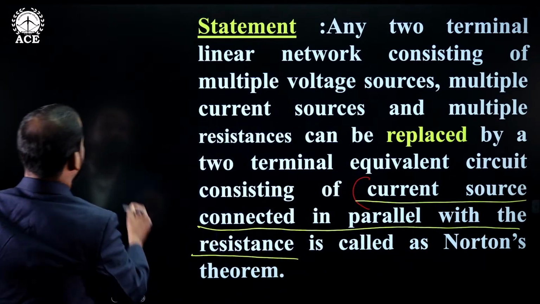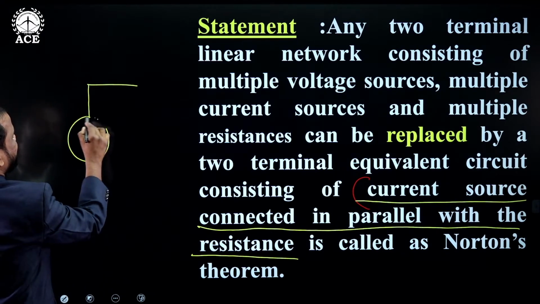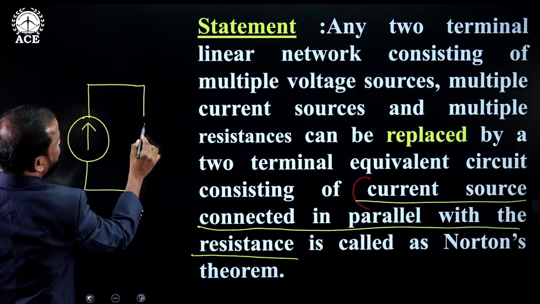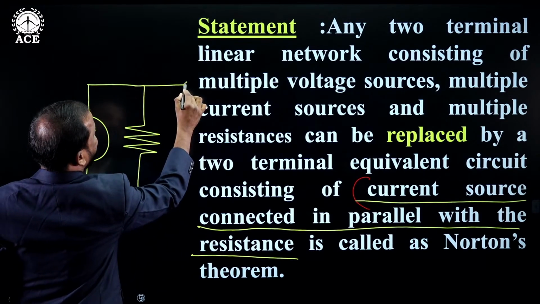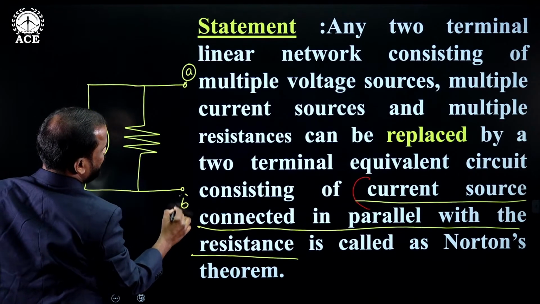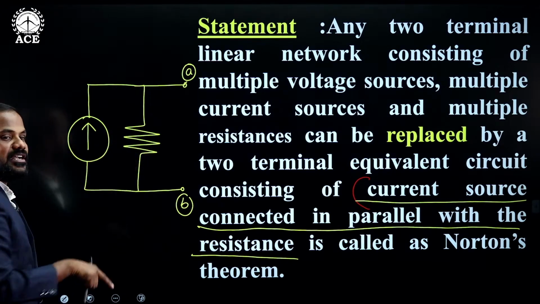Concentrate on this particular point. So the current source is this one, connected in parallel with the resistance, and it is a two-terminal equivalent circuit.